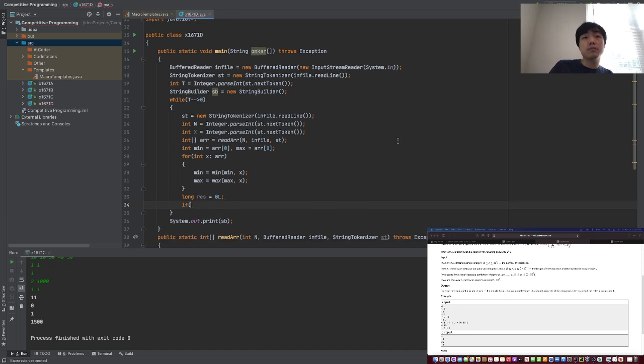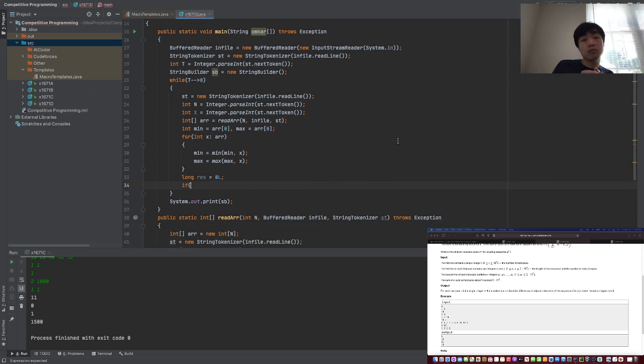If 1 is equal to new long, it's like where the 1 is located before this element. Yeah, okay.